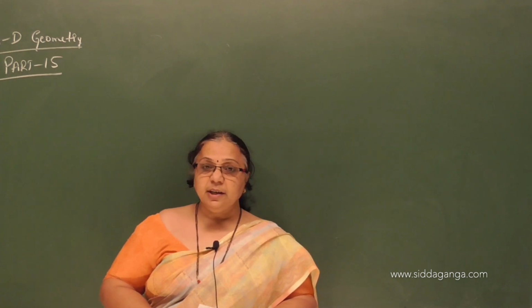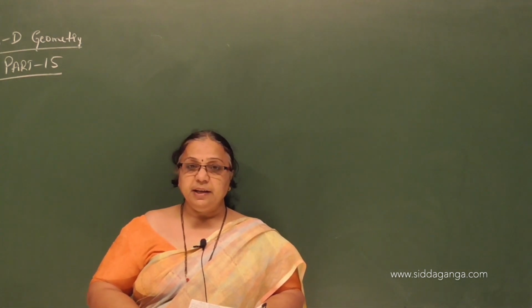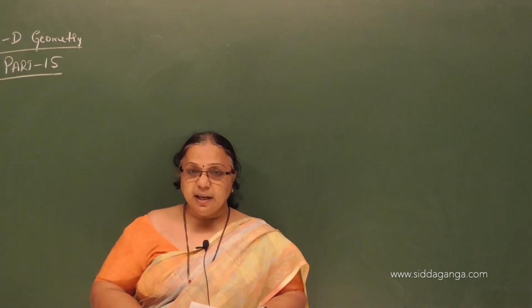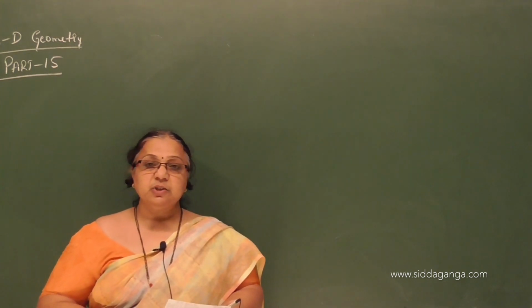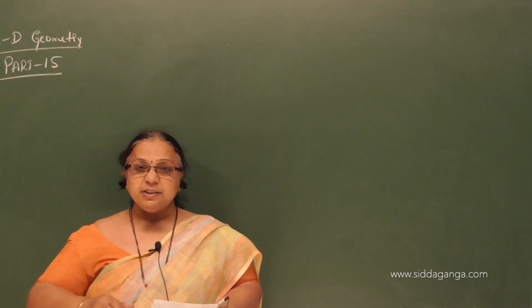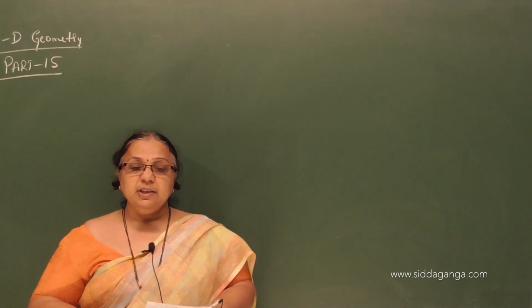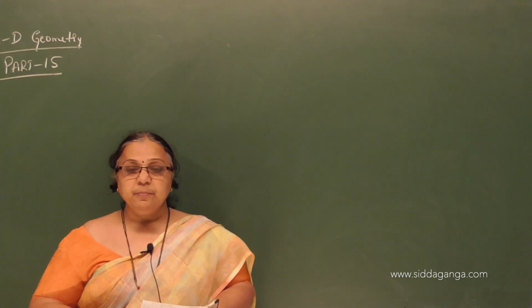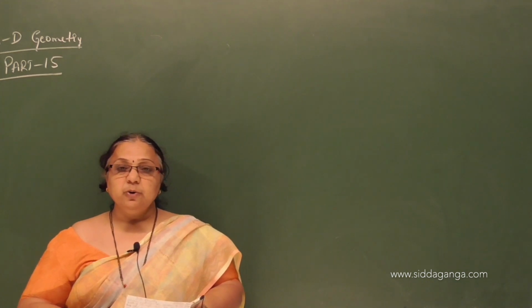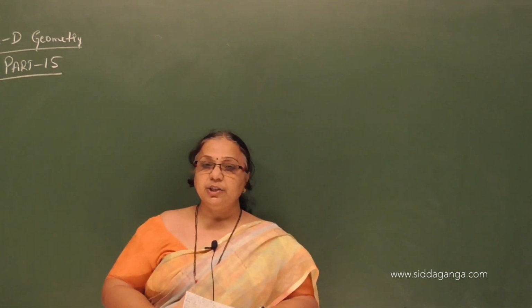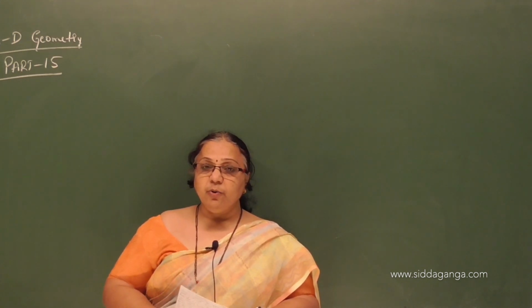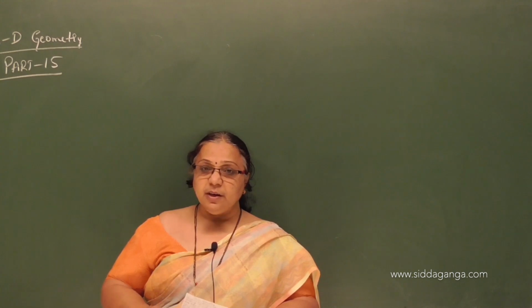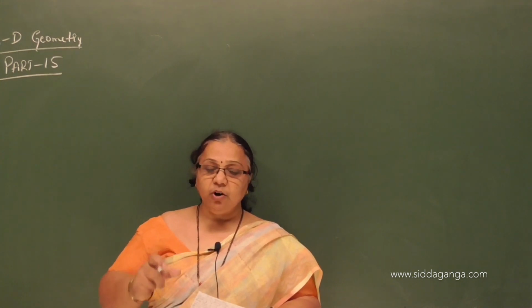That means if the given two planes are pi 1 and pi 2, then the equation of the plane passing through their line of intersection is denoted by pi 3, and we also know to write its equation. In today's class, we are going to solve problems based on that concept.